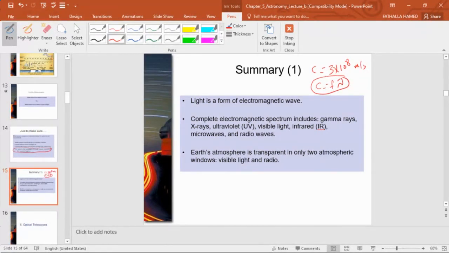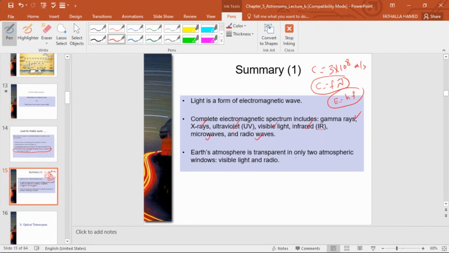And we said light travels like waves, but is also made of tiny particles. We call them photons, and the energy of these photons is equal to hf, where h is Planck's constant. And that's what we call the dual nature of light. Now, the complete electromagnetic spectrum includes gamma rays, X-rays, ultraviolet, visible light, infrared, microwaves, and radio waves.